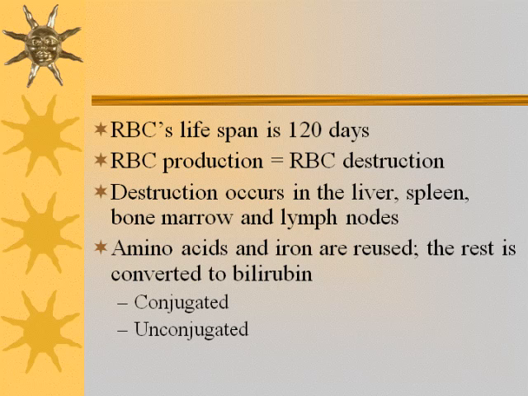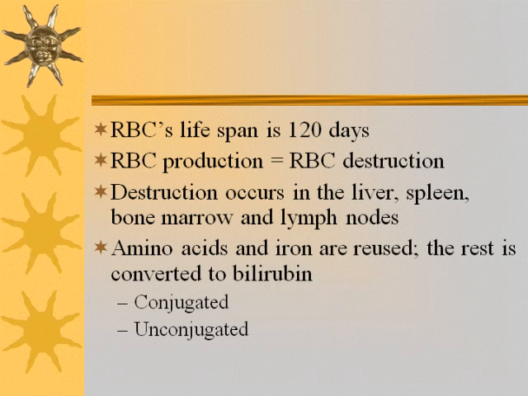Okay? If there is an increase in the amount of bilirubin in somebody because maybe they're destroying too many red blood cells, then the person will become jaundiced, or that nice yellowish gold color. There are 2 different types of bilirubin, conjugated and unconjugated, and it is the unconjugated that builds up in the blood and causes jaundice.